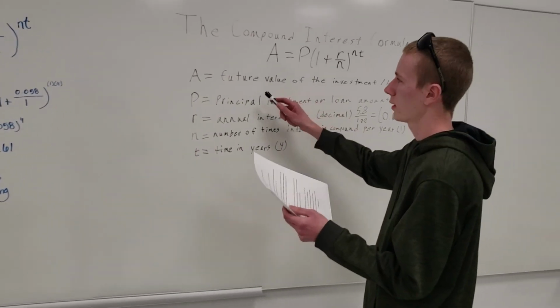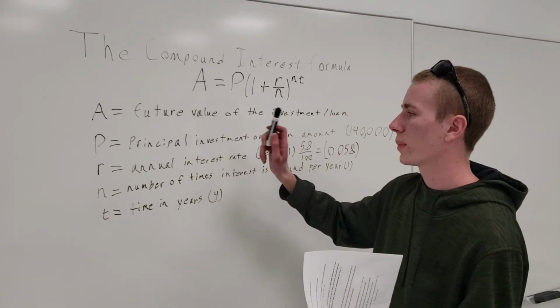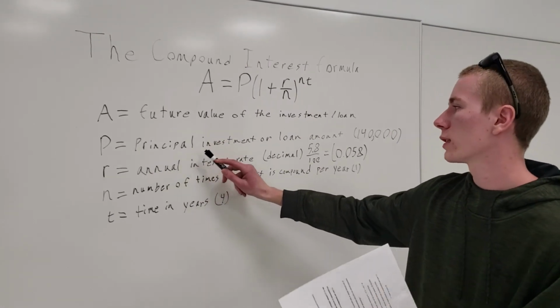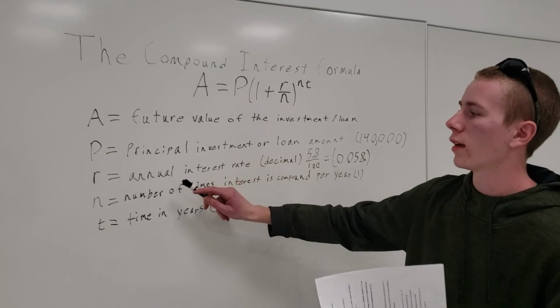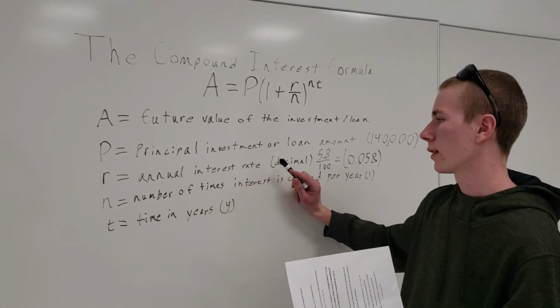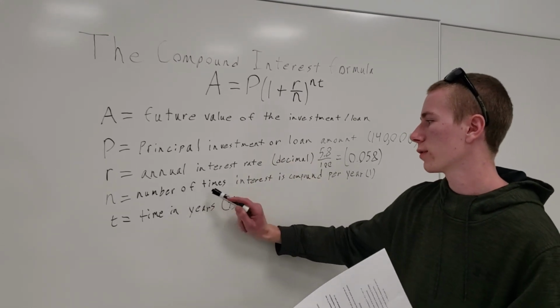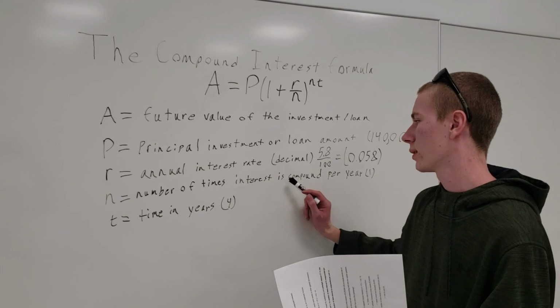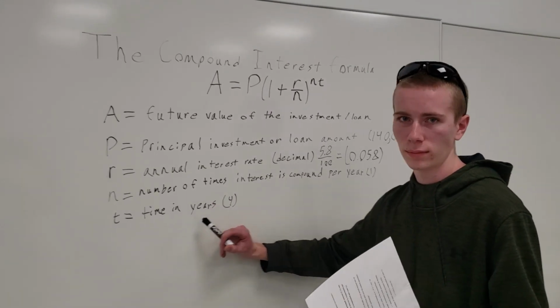A is the future value of the investment or the loan, and P is the principal, which is the initial amount. R is the annual interest rate in decimal form, n is the number of times interest is compounded, and t is time in years.